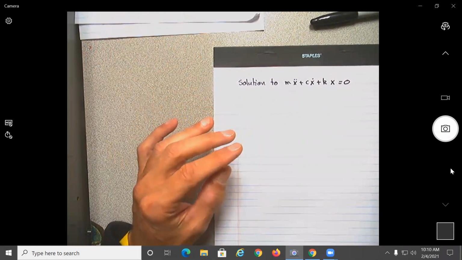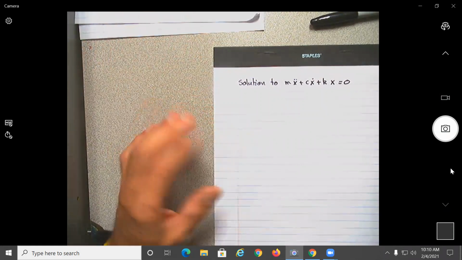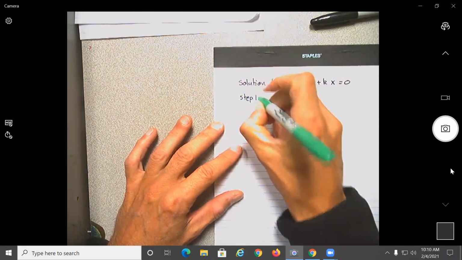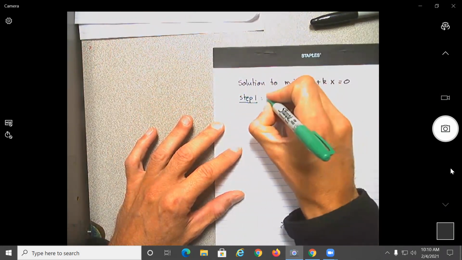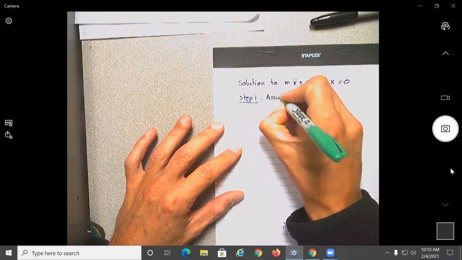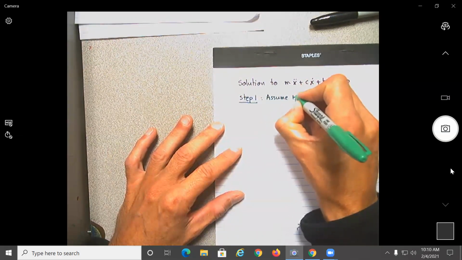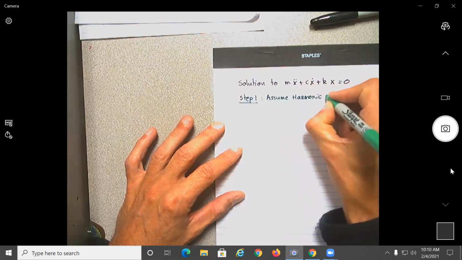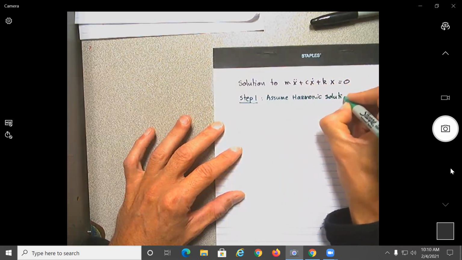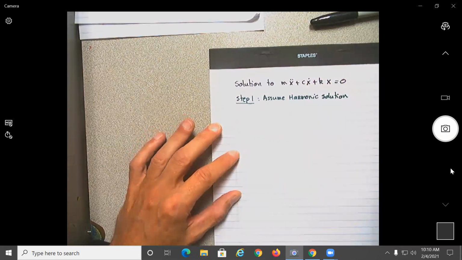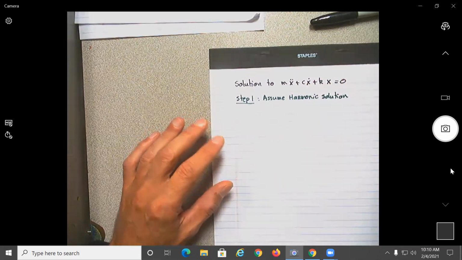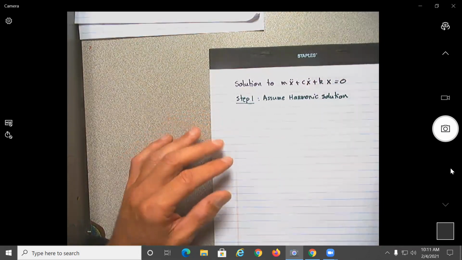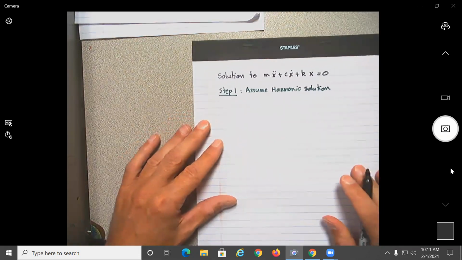So what is the first thing we need to do? Is to assume a harmonic solution. Okay, so over here, be careful with the notation.